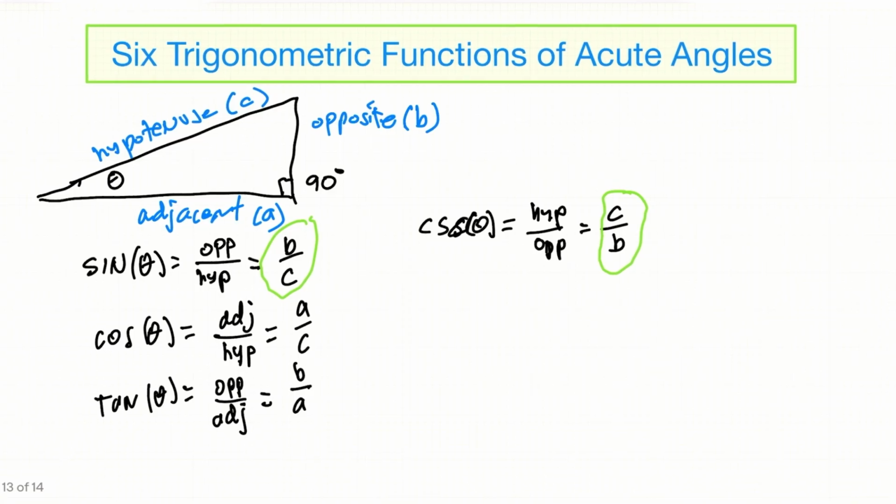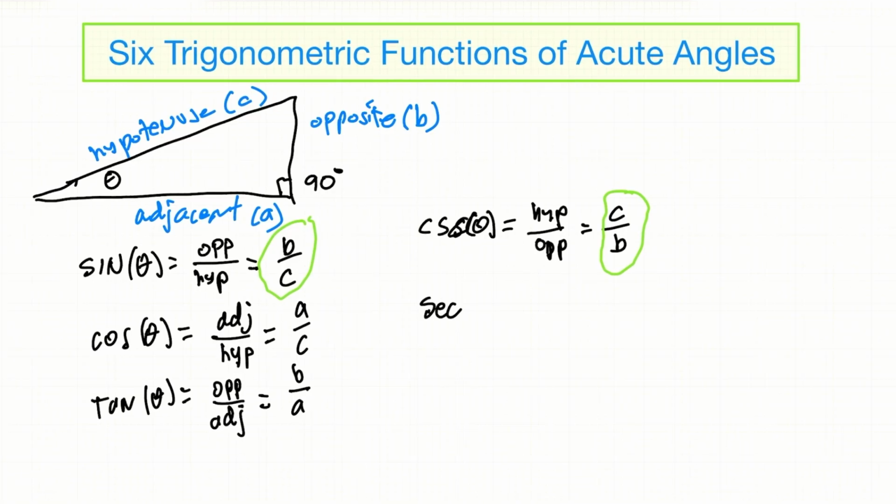Now the secant function, secant of theta, is equal to the hypotenuse over the adjacent. That's c over a.